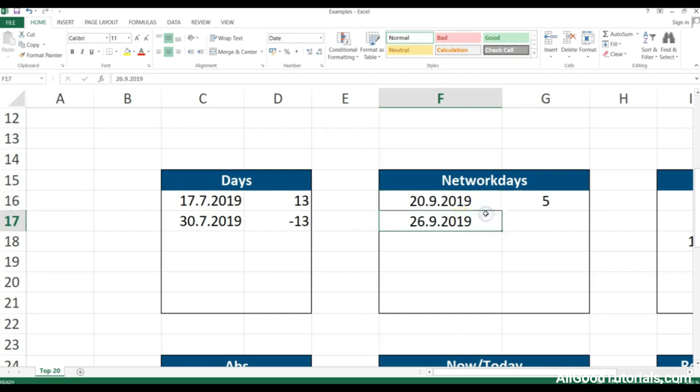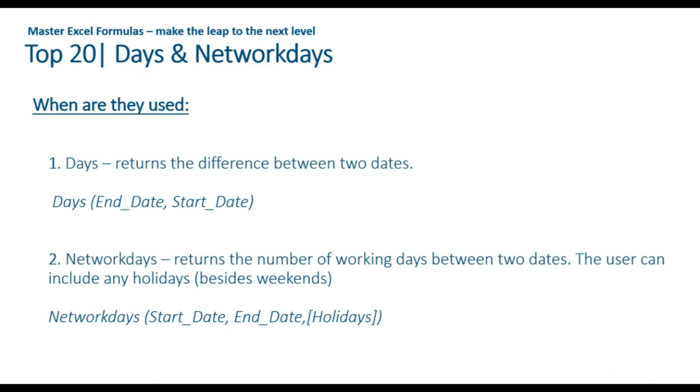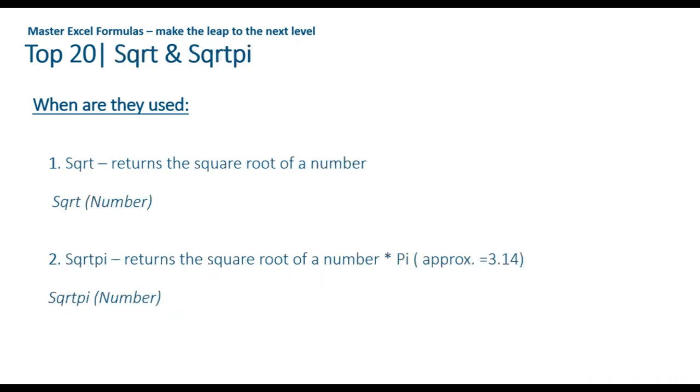Now the next set of formulas are SQRT and SQRT pi. SQRT is a very often used function. It is used to return the square root of a number.